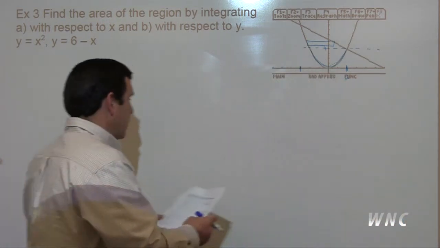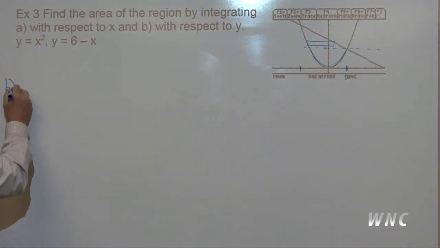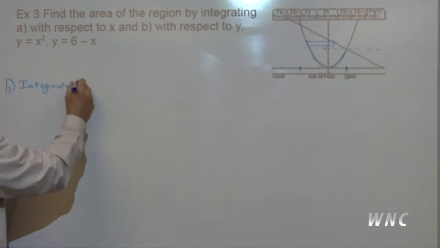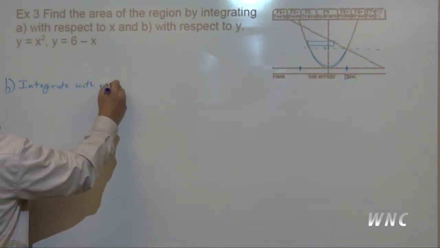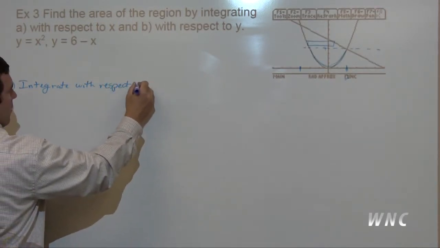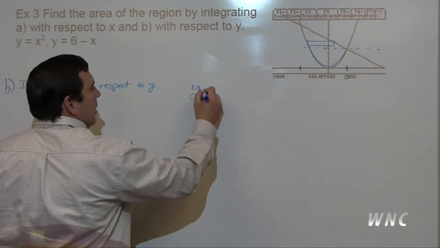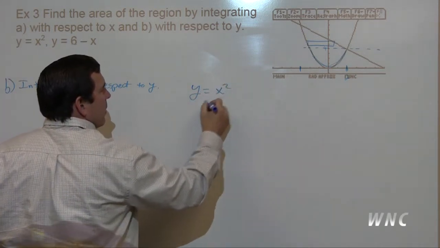Now we're integrating with respect to y. First thing we have to do is come up with these equations, solve them for x. So we have y equals x squared.